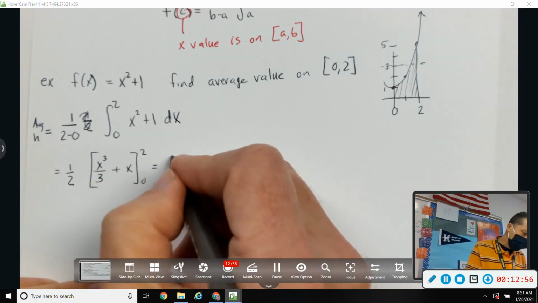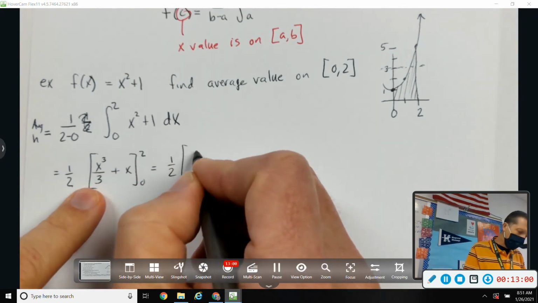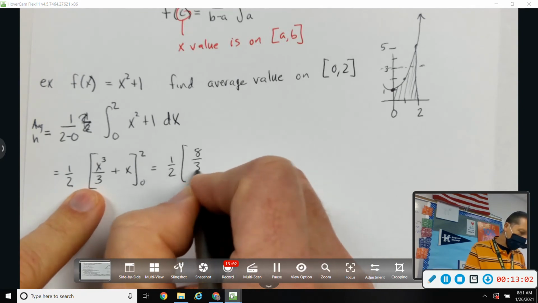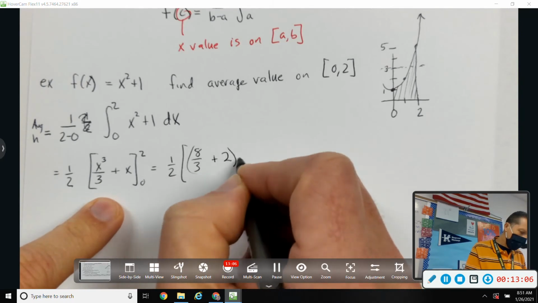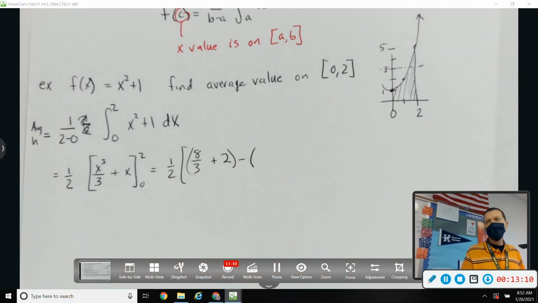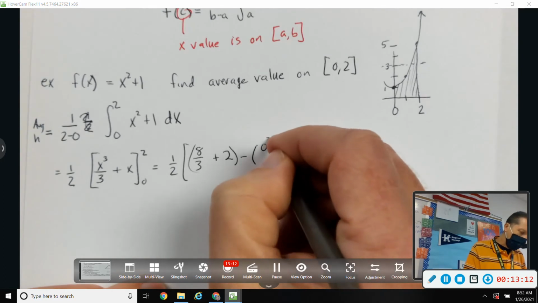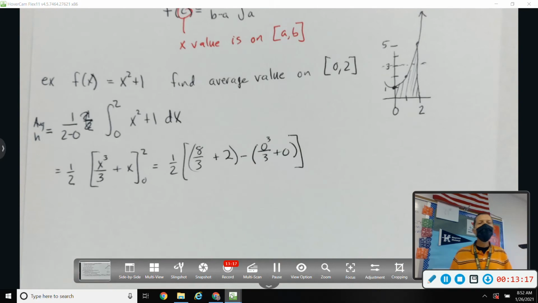I'm just going to leave the 1/2 out front. If I plug in the 2, I get 8/3 plus 2, minus, well, if I plug in 0, I'm going to get 0, but just to show what's going on, I'll show the zeros in there. And I guess that would be a safe stop for the answer, but we want to know who was closest.